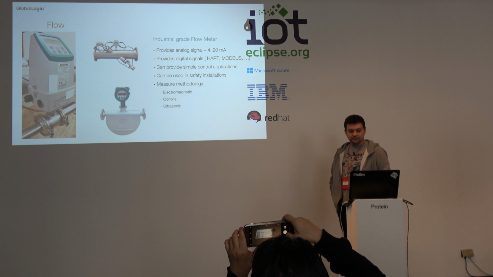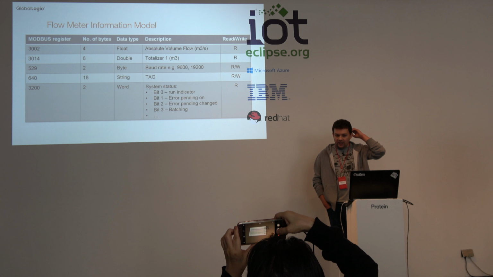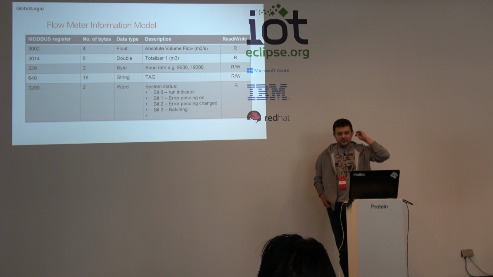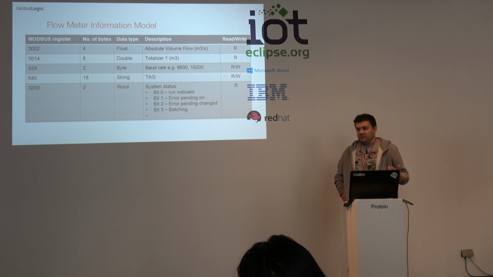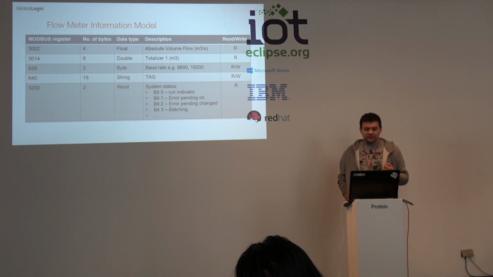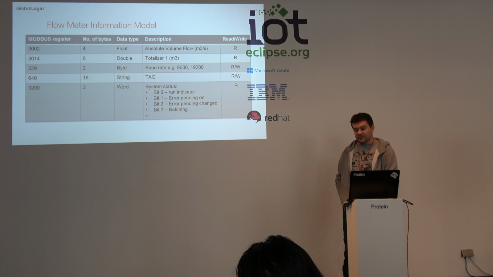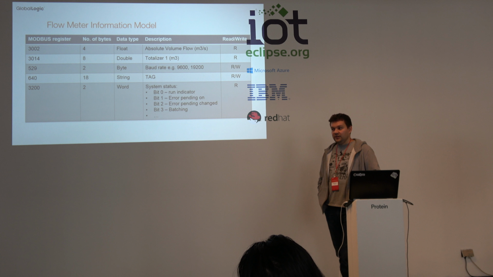This is the Modbus protocol specification, and it's not really modern, right? It is based on Uint16, and all other data types are reflected in 2 bytes each. So you need to convert, for example, a float value from 2 bytes.